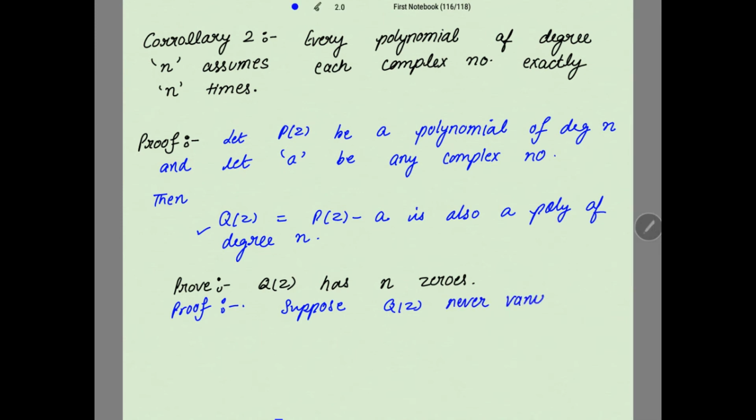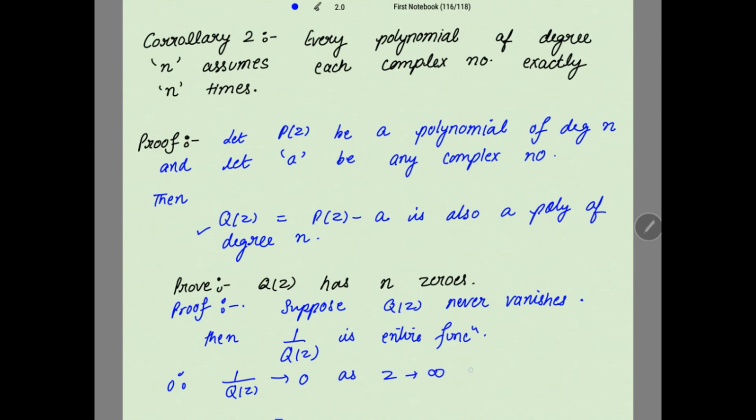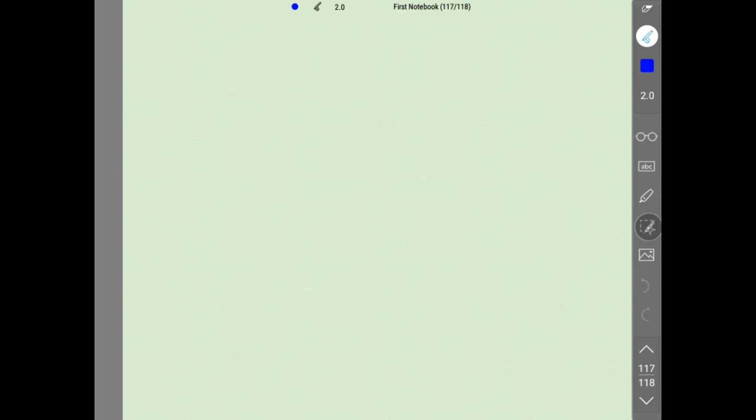Then 1 over Q(z) is an entire function, and therefore 1 over Q(z) tends to 0 as z tends to infinity. Repeating the same steps, just replacing P(z) by Q(z).